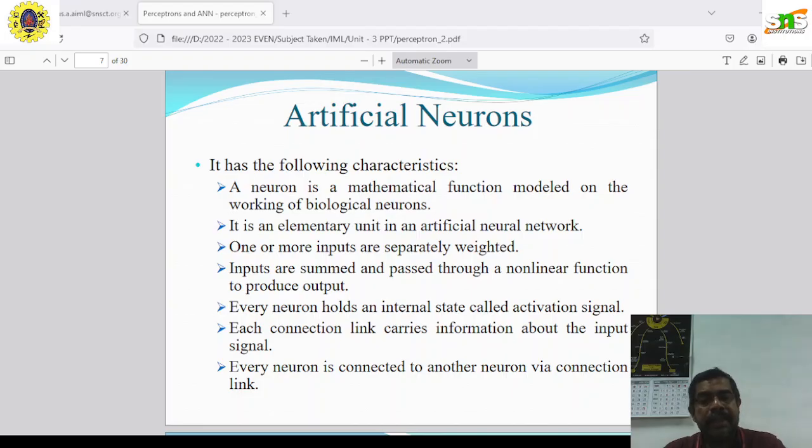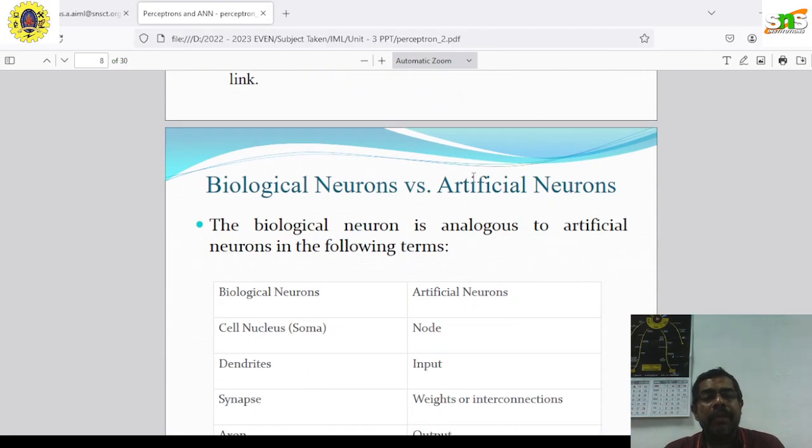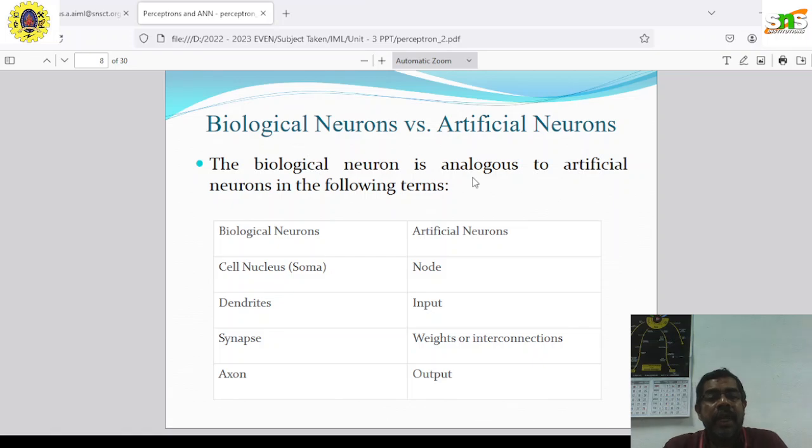On the next slide, we are going to see how biological neurons and artificial neurons are integrated. First, we see the biological neuron in actuality. Now, in neural networks, it is called an artificial neuron. The cell nucleus, the soma, is treated as a node in artificial neural networks.